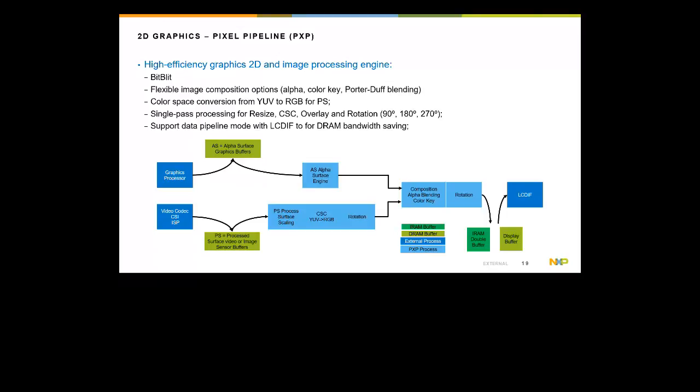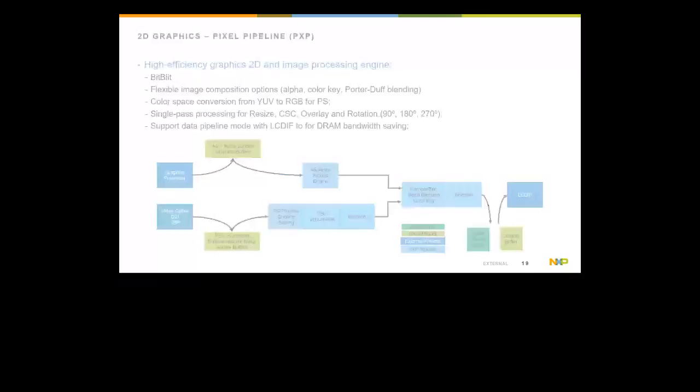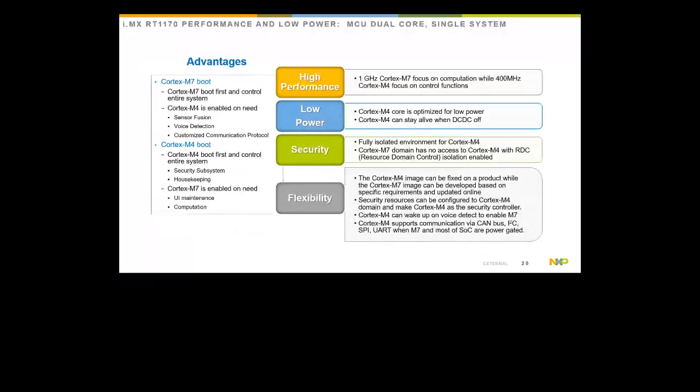So that being said, in terms of still maintaining the performance and low power and the typical engineering requirements that we discussed previously, a big part of the benefit of these devices as well is in the dual core architecture of the device.